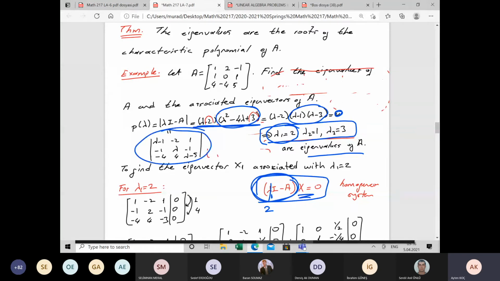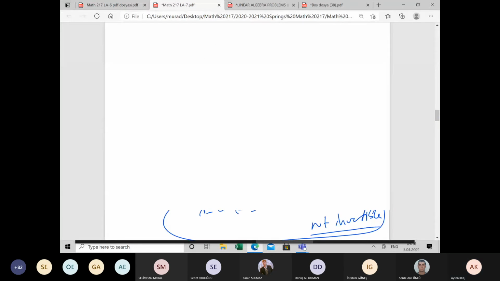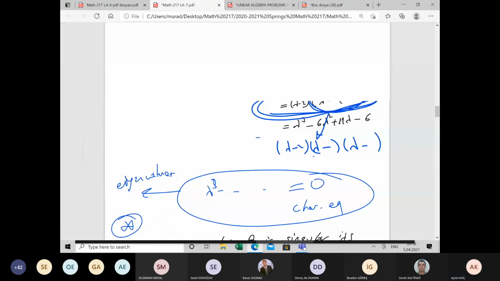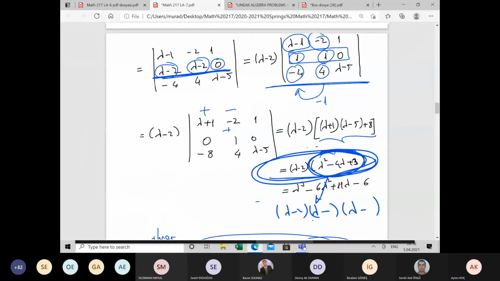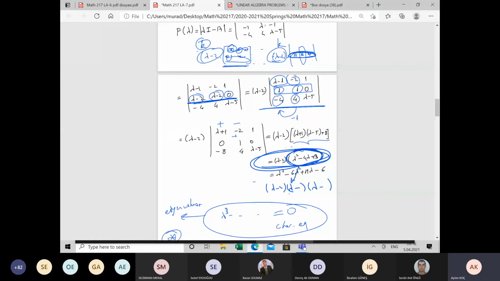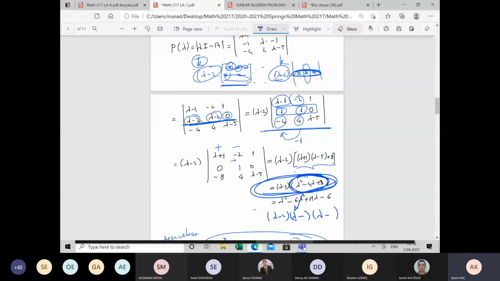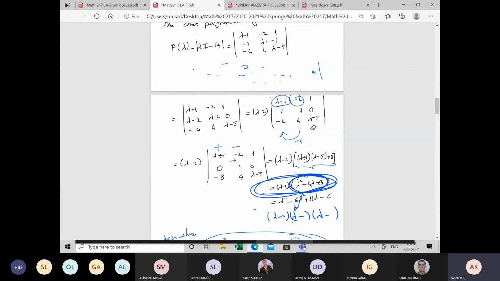Look at the coefficient matrix and its determinant.